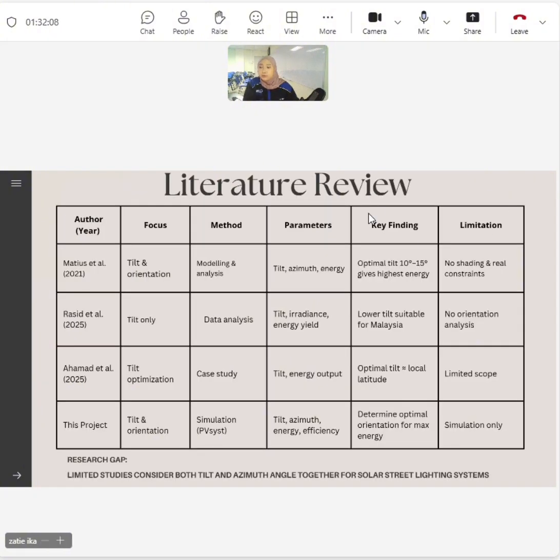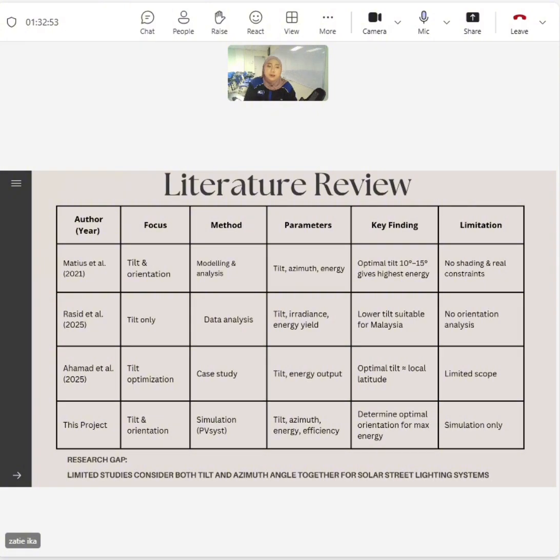So next we go to literature review. This table shows comparison of previous studies on PV system performance. Matthews et al. consider both tilt and orientation and show optimal tilt 10 degree to 15 degree give highest energy, while Rashid et al. and Ahmad et al. studies mainly focus on tilt only and found that lower tilt suitable for Malaysia or local latitude.